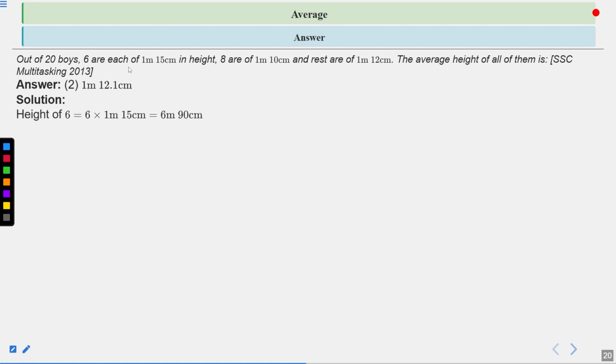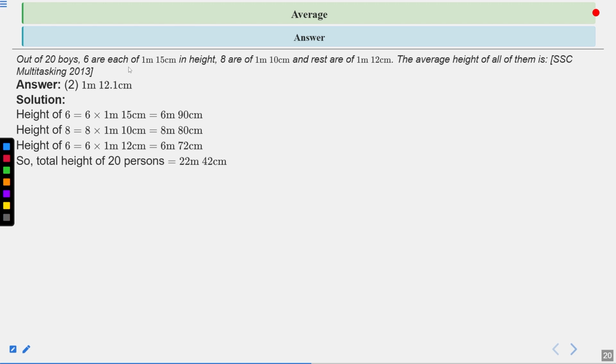The height of 6 boys becomes 6 into 1 meter 15 centimeter, which equals 6 meter 90 centimeter. The height of 8 boys becomes 8 into 1 meter 10 centimeter, so it will become 8 meter 80 centimeter. Same way, the height of the remaining 6 will become 6 into 1 meter 12 centimeter, so we get 6 meter 72 centimeter.